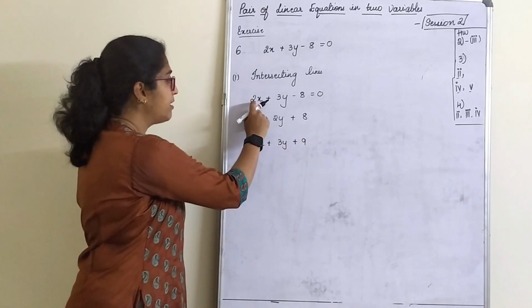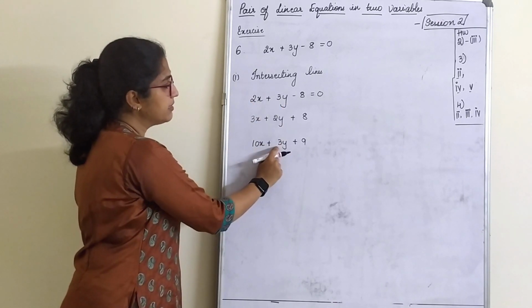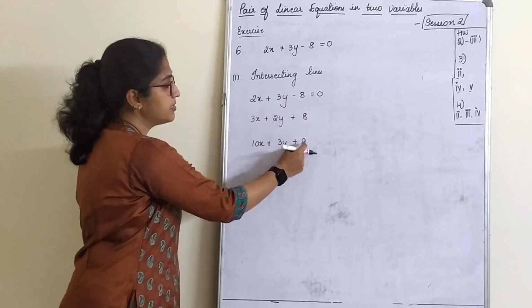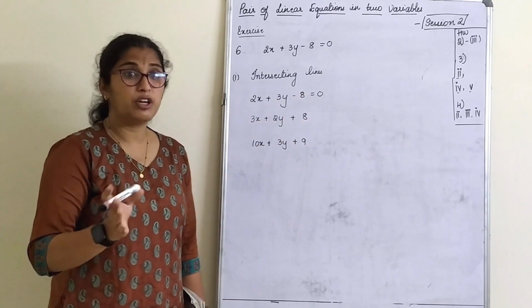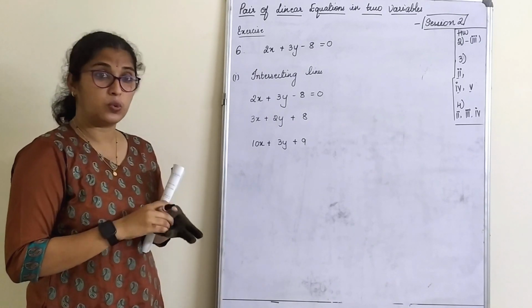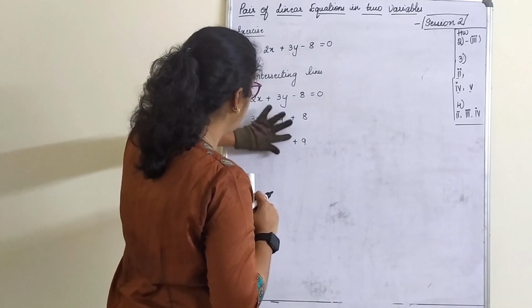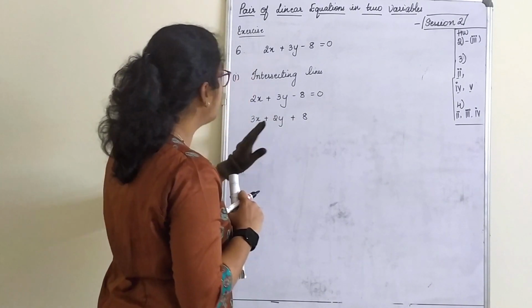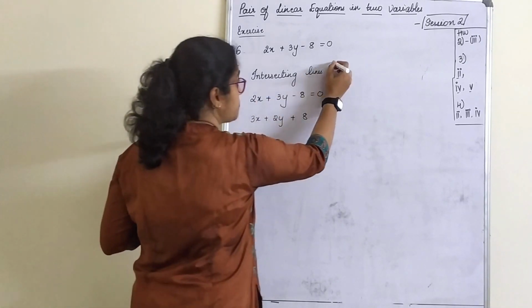See here, A1 by A2 will be 2 by 10, which is 1 by 5. B1 by B2 is 3 by 3, which is 1. C1 by C2 is minus 8 by 9. Nowhere is it equal. We got the condition A1 by A2 not equal to B1 by B2. Understood the point here? You need to get it in the form where A1 by A2 is not equal to B1 by B2, where we framed it.